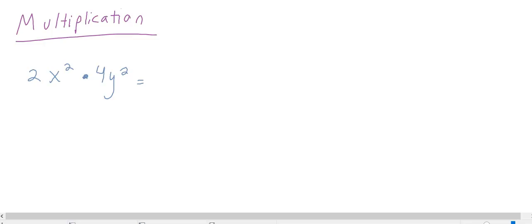What you can still do, however, is multiply the coefficients. You could multiply 2 times 4 and get 8, and the x squared and the y squared will just both stay there. You could put multiplication signs between them, but you don't need to, and it looks nicer when you don't. It's just 8x squared y squared, and that's the answer.